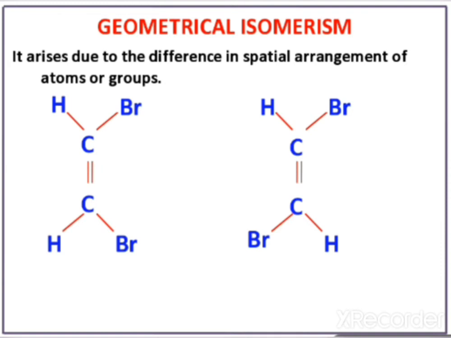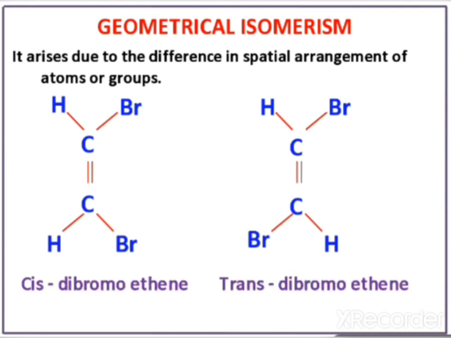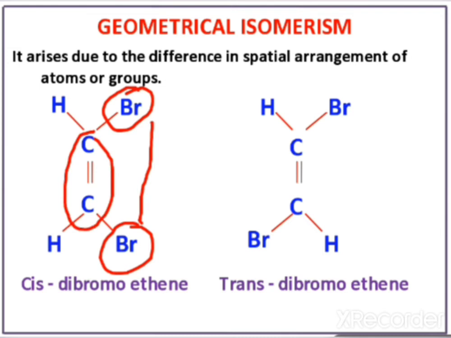Geometrical isomers. In this type of case, the functional groups, these bromine atoms, are on the same side of the multiple bond. This is known as cis.